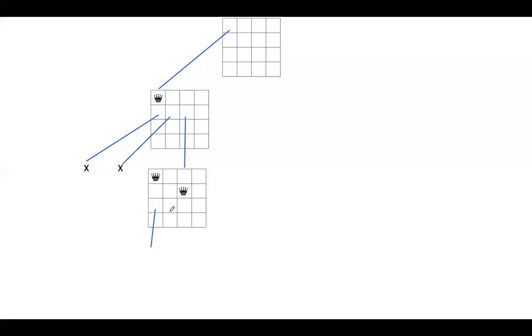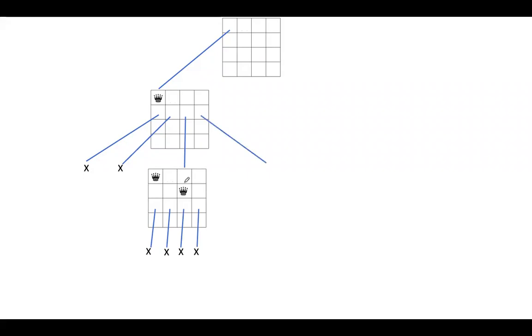First not possible, second also not possible, third location also not possible, fourth also not possible. So here we concluded that this stage was not correct, because placing the second queen at this location has blocked us from placing the third queen in the third row.